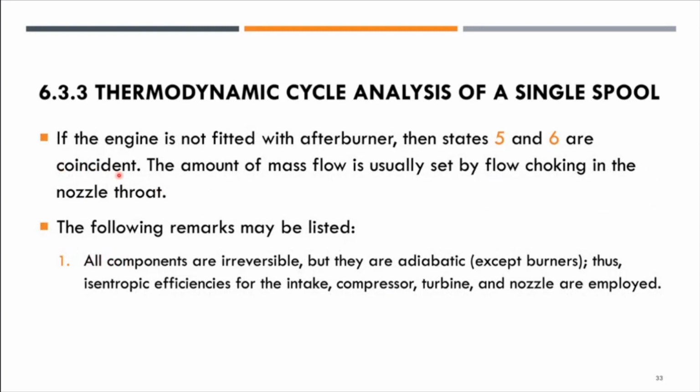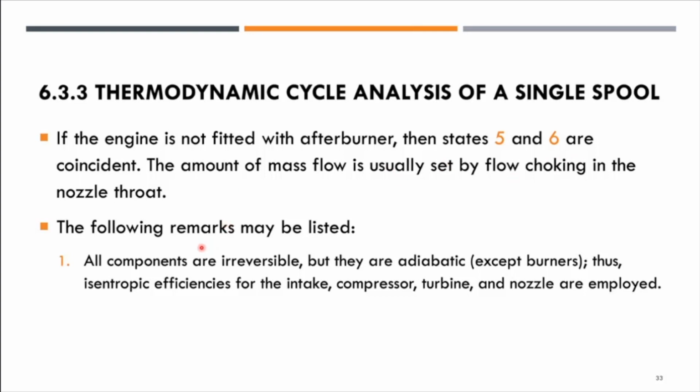All right. So if the engine is not fitted with afterburner, then state number 5 and number 6 are coincident, right? It's the same, having the same set of parameters. And the amount of mass flow is usually set by flow choking in the nozzle throat.